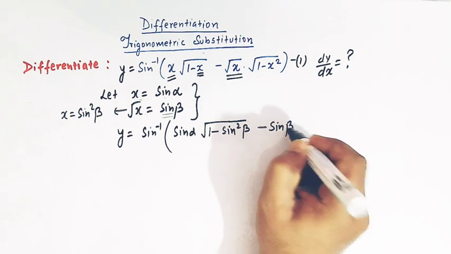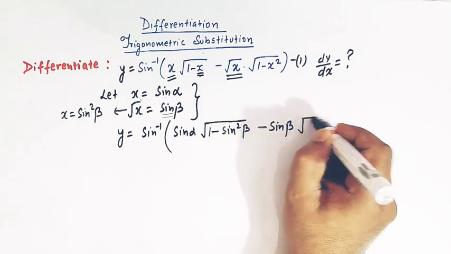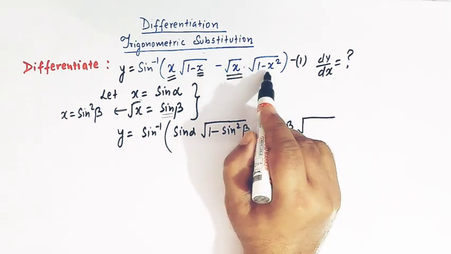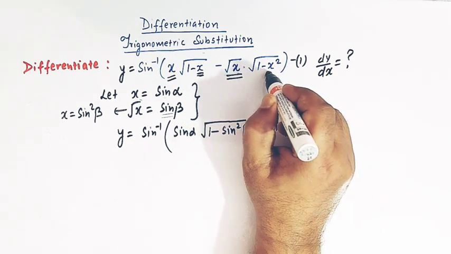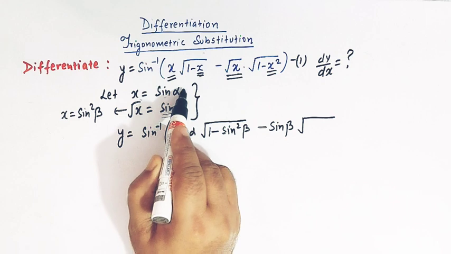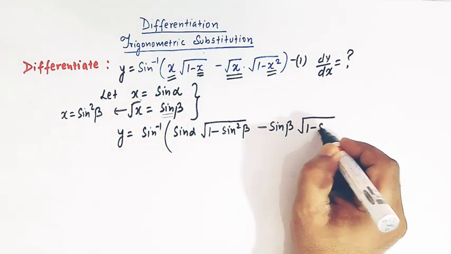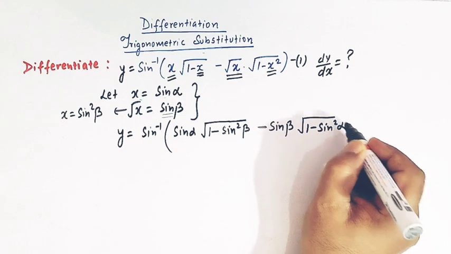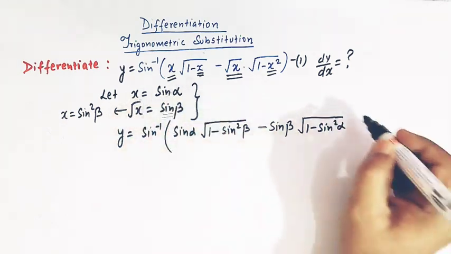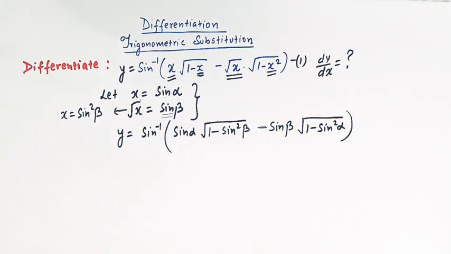So here we have sine beta, and now we have square root of 1 minus x square. So for this x, we'll make use of this substitution, that is 1 minus sine square alpha, because x is sine alpha, right?